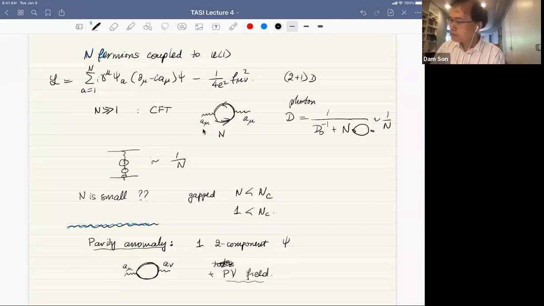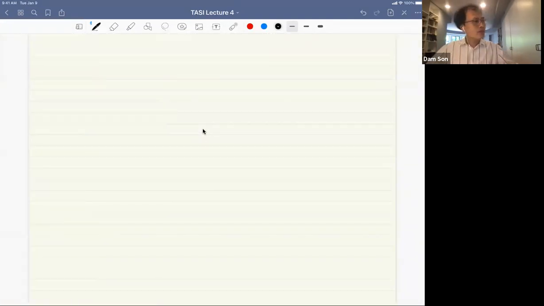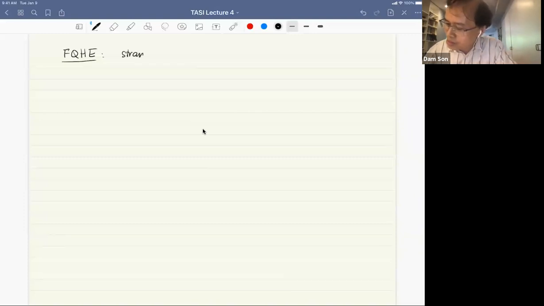Okay, but let's forget about this problem and try to see what it implies for the fractional quantum Hall effect again. Here in the fractional quantum Hall effect, we encounter another very strange feature that I want to highlight, which I don't understand.